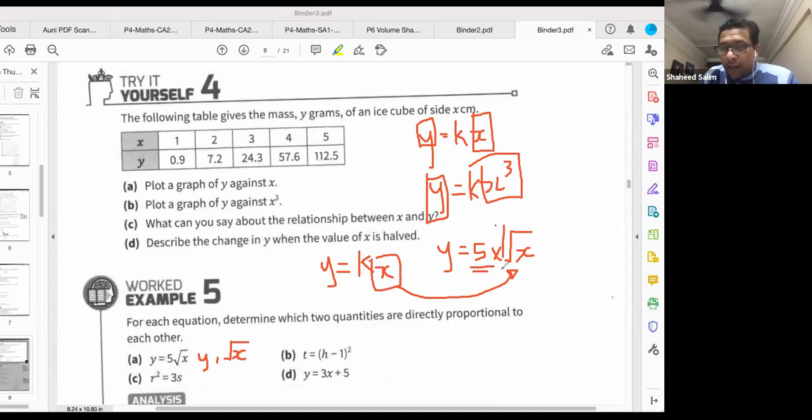So this is the other unknown. This is now taking this form here. So y and square root of x are directly proportional. So what about this one? Okay, maybe you do C first. C is easier. You try. Which two quantities are directly proportional in this?